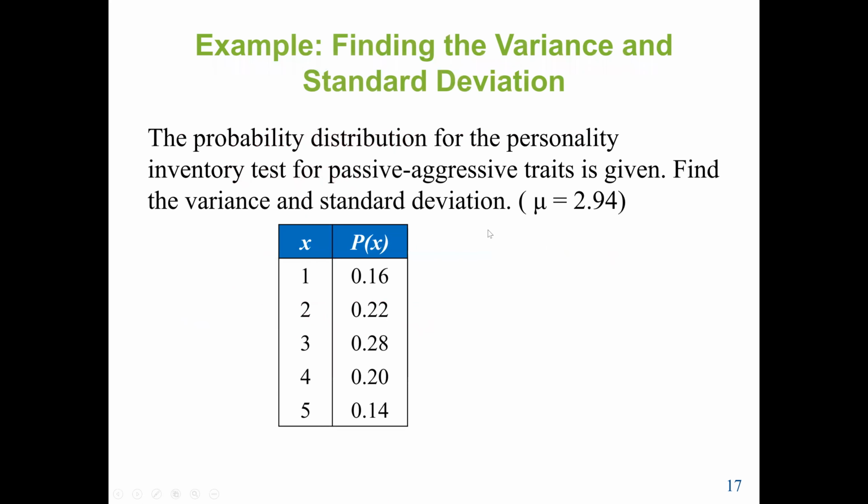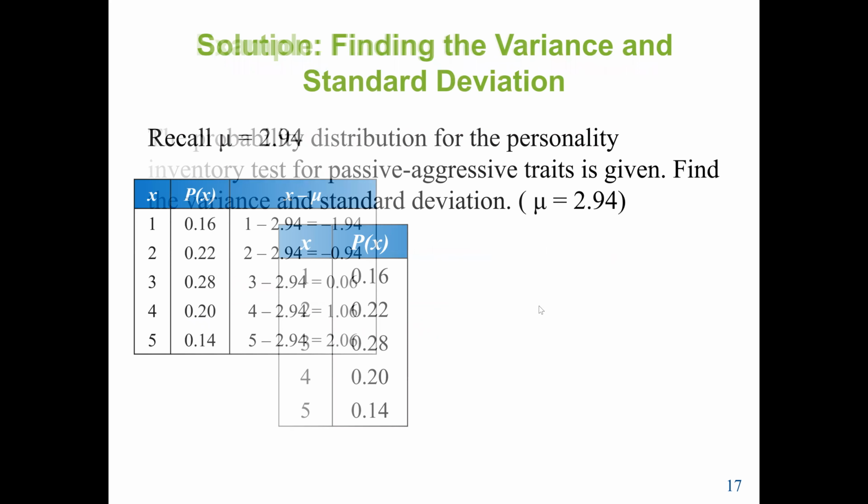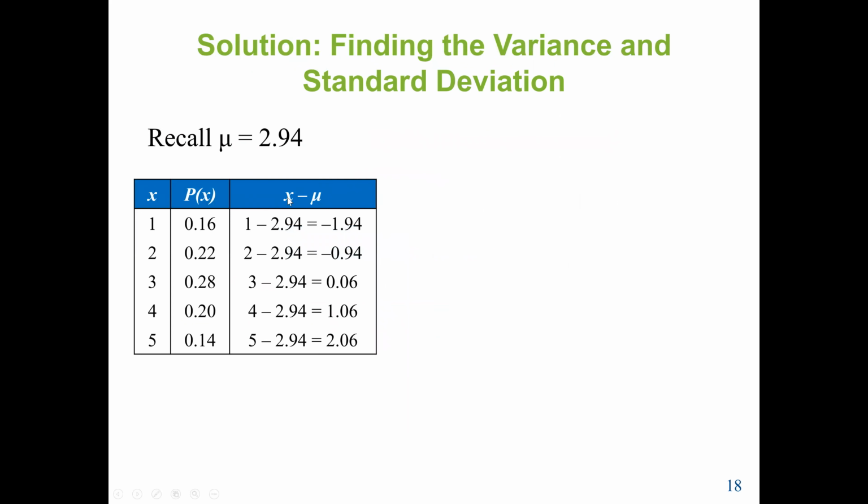So let's use the same example. Previously, we found the mean was 2.94. Now, if they say we should find the variance, then I'm going to find the difference of X and the mean. So we first find X minus mean: 1 minus 2.94, 2 minus 2.94, 3 minus 2.94, 4 minus 2.94, 5 minus 2.94.